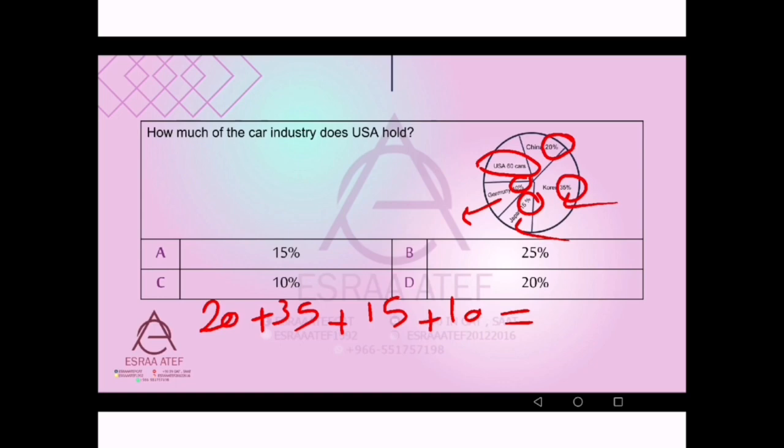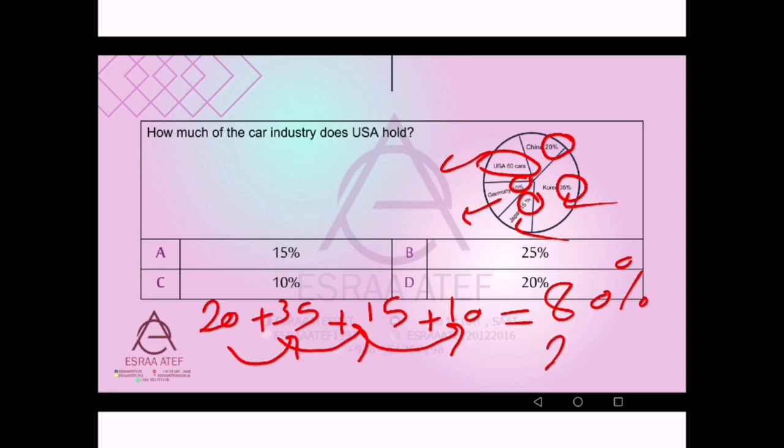It will be 70, and 10 more is 80. So all of them is 80%. To get USA, 100 minus 80% will be 20%. So the answer will be 20%.